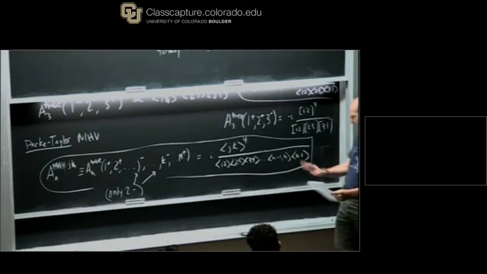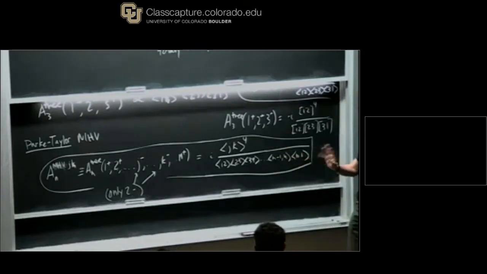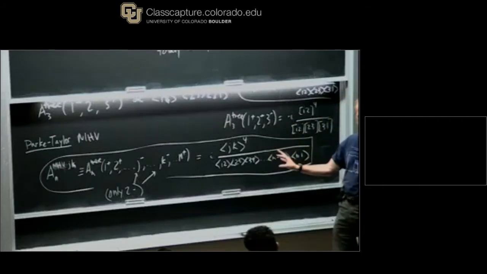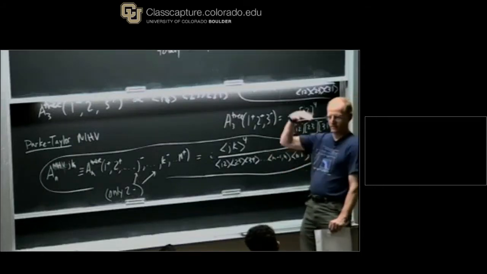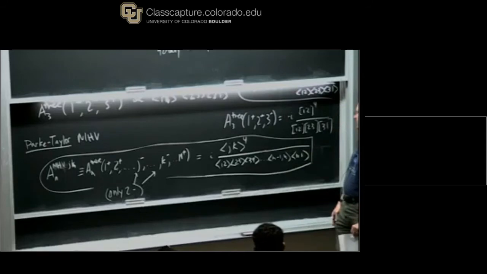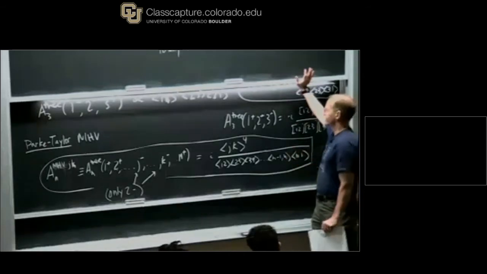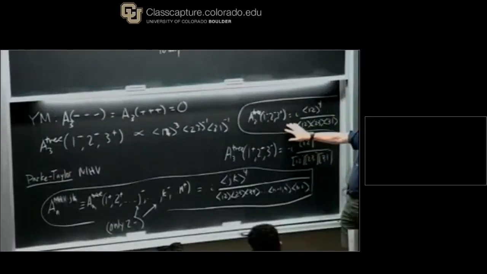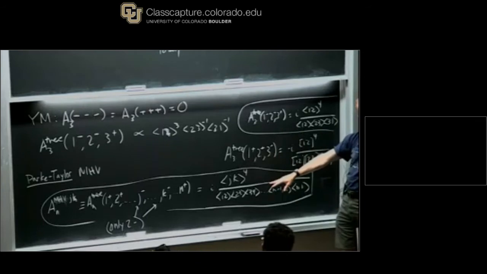So I'm just giving you this formula now. Later when we do the BCFW recursion relations, we'll use them to prove this formula recursively, inductively, using the initial condition, which is also what you get if you just plug in n equals 3 in this formula.